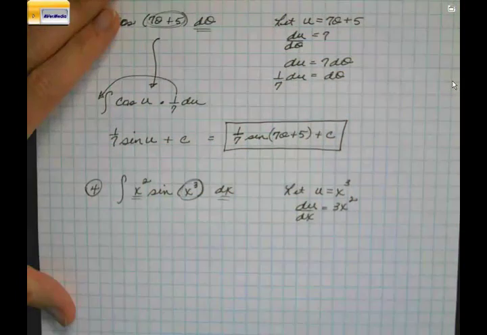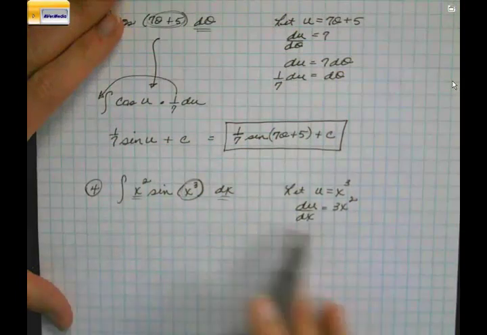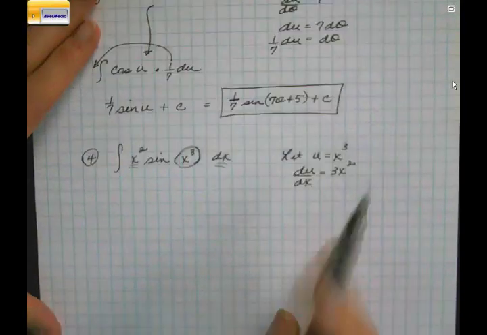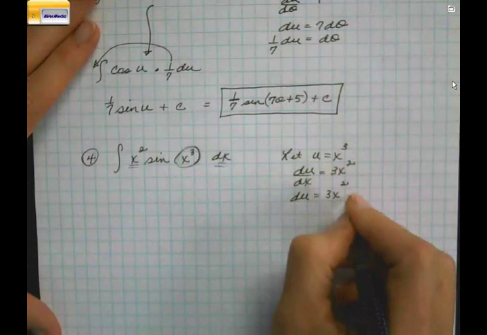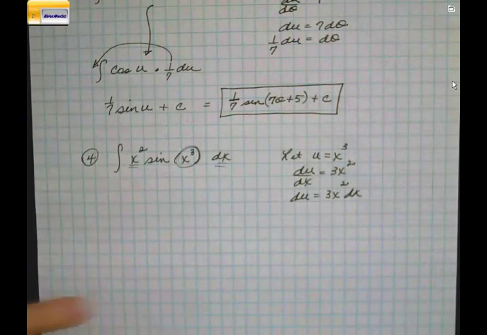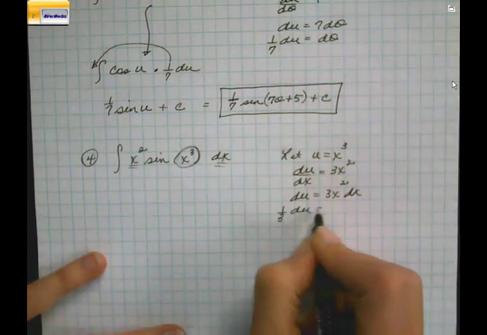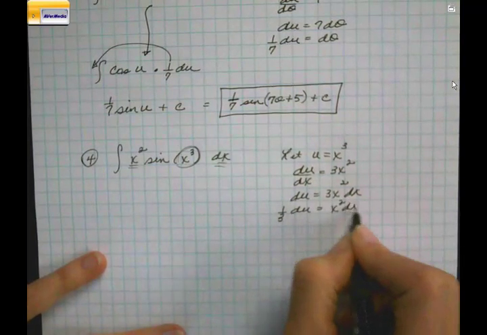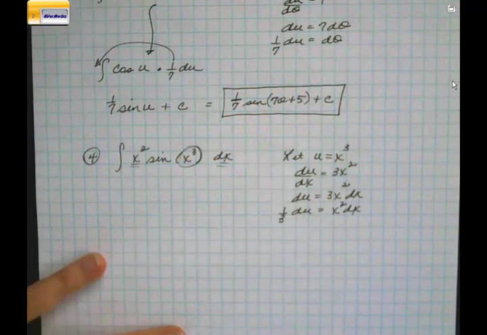So this looks like it's going to work. So this is du equaling 3x squared dx. You just want x squared dx to do this direct substitution. So I'm going to multiply or divide both sides by 1/3. Then I have my x squared dx replaced in terms of u.